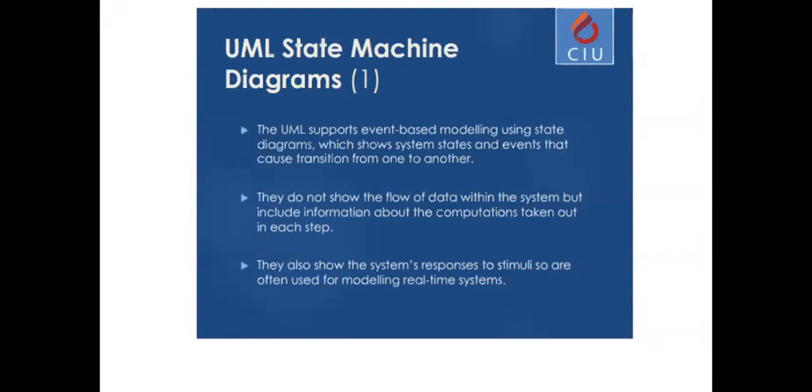What we understand from here is that while this diagram is particularly developed for embedded systems, it can be used for any event-based system as well. So if there is some kind of machinery that is a part of your system, or specific events are being executed so that the system state will change, you can basically use this diagram. It is possible to use it.